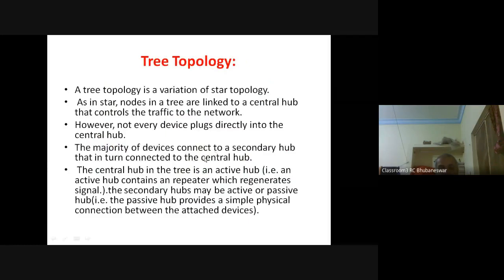The central hub in the tree is an active hub, उसको बोलेंगे central. Active hub कौन सा है?